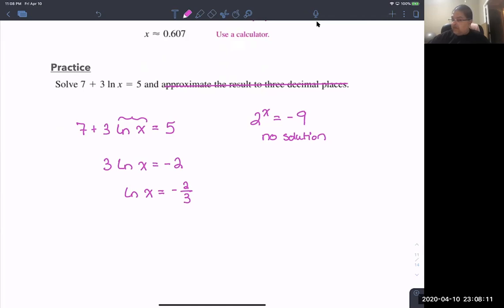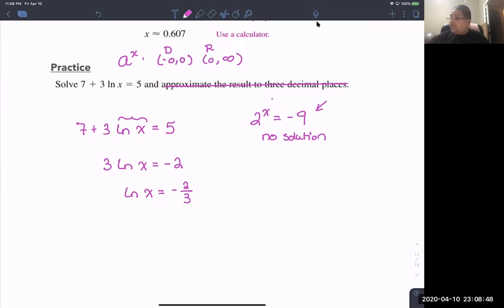For my exponential functions, the domain x can be all real numbers, but the range is strictly positive, from 0 to infinity. So here, -9 is my output. 2 to the x equals -9. I can't raise 2 to some power and get a negative result. So there is no number I can plug in for x that would result in a -9.